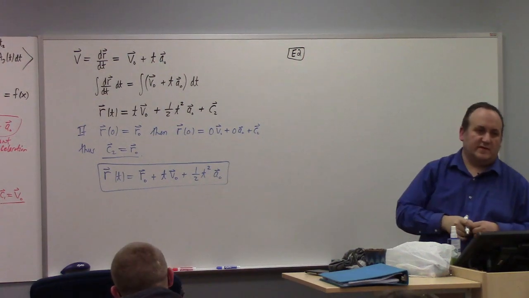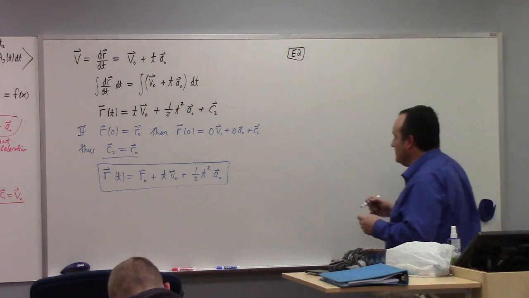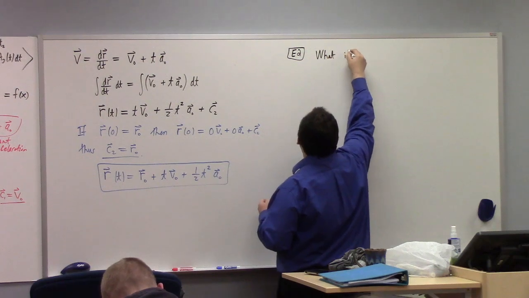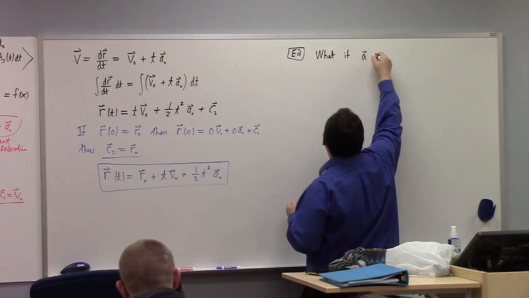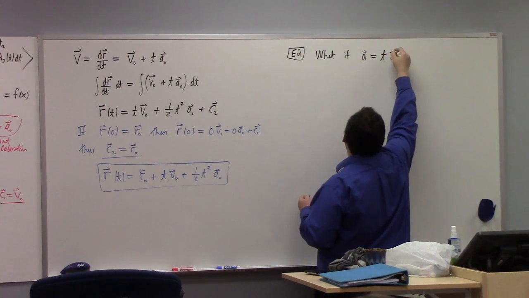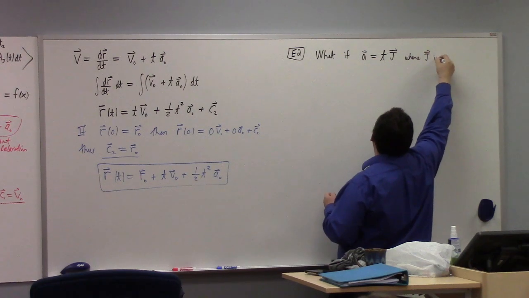So let's suppose that the acceleration is not constant. What if the acceleration was equal to, say, t times j, where j is constant?